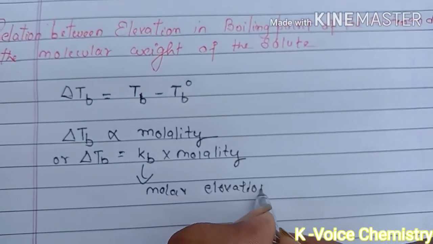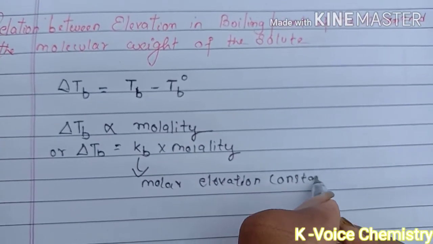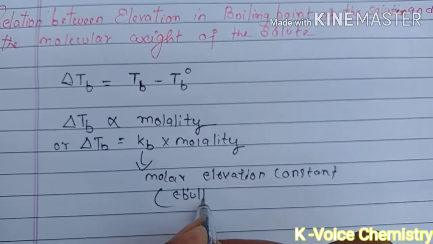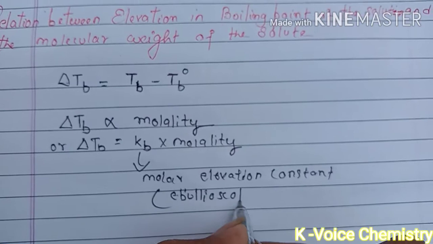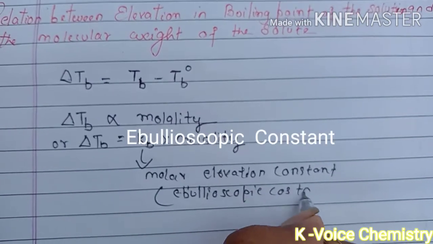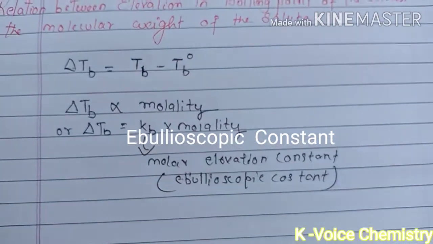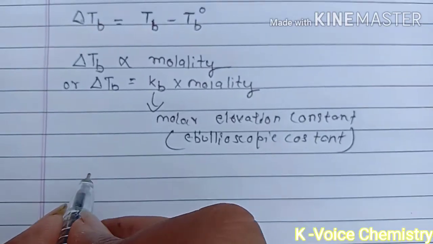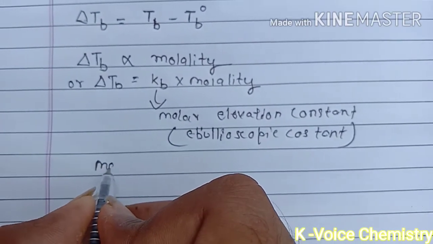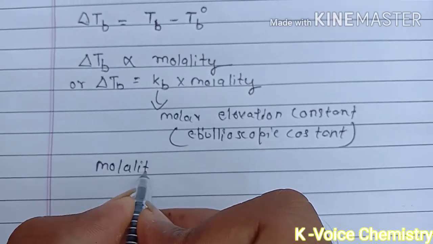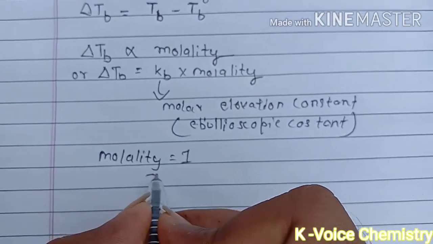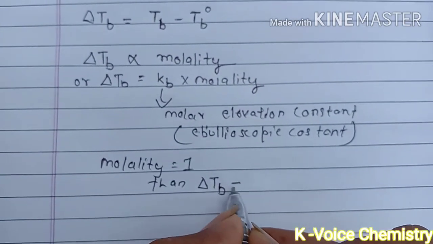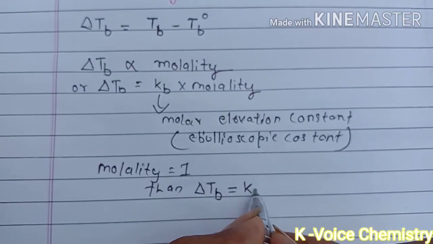It is also called the ebullioscopic constant. So if the value of the molality is 1, then the elevation in the boiling point equals this ebullioscopic constant.